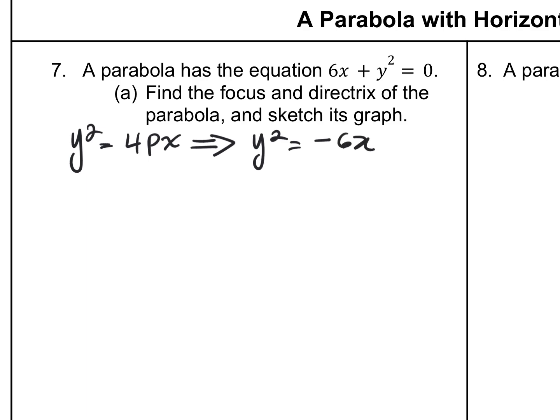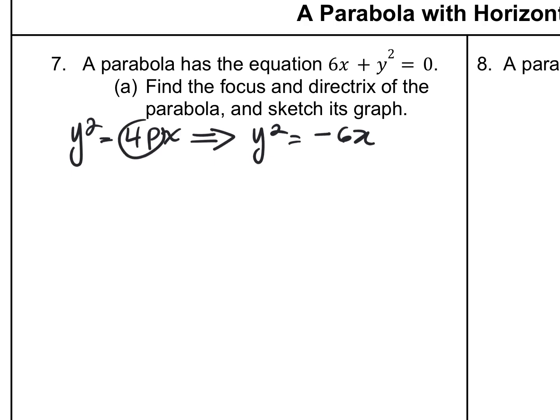Okay, let's find the p. Remember that your 4px here is going to be this one. So let's equate it and find p. So 4p = -6.